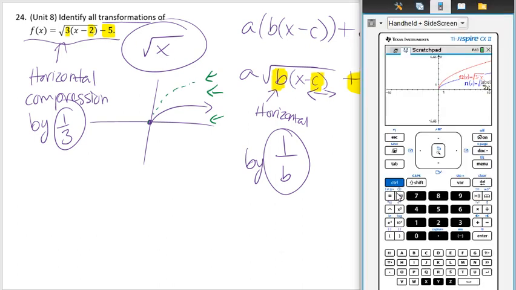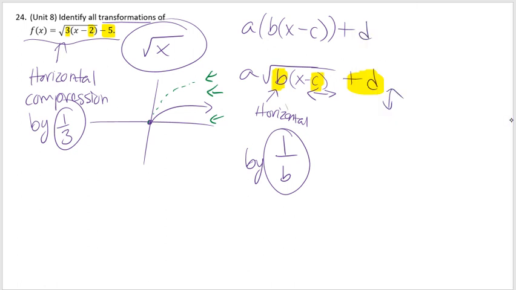All right, and then the next transformation, if we take a look at what that will do, we're going to look at that 2. So I typed only x minus 2 inside the square root, and this happened. As you can see, it shifted to the right 2 units. So we're going to say that that 2 shifts right 2 units.